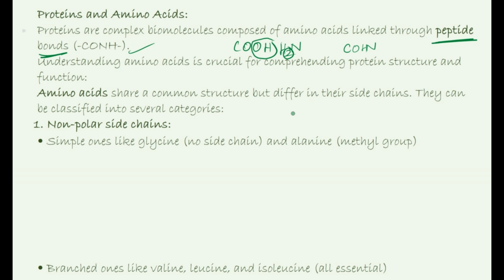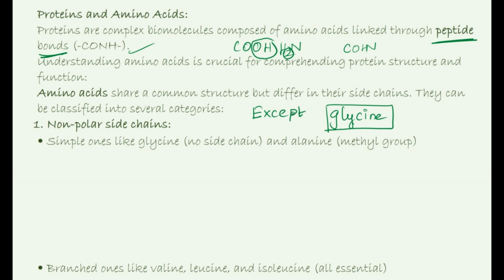Before that, these are colorless, non-volatile solids with high melting point and highly soluble in neutral solutions. And the most important question that can be asked is that except glycine, remember the name glycine, all other amino acids are optical isomers.